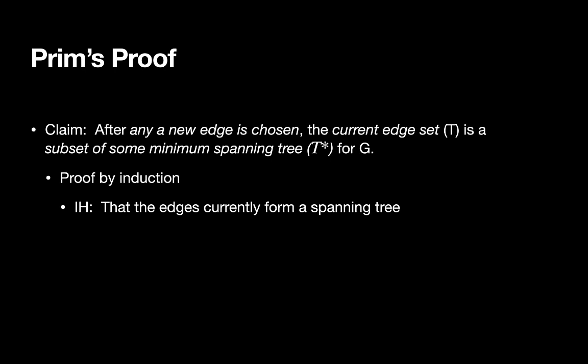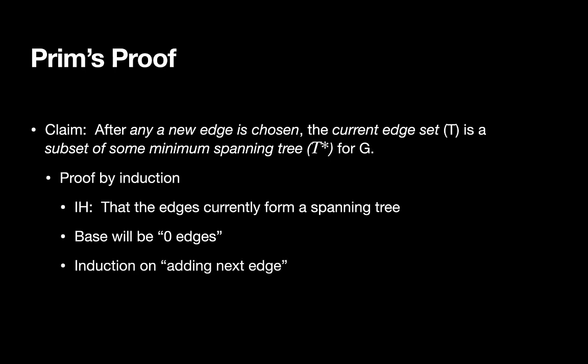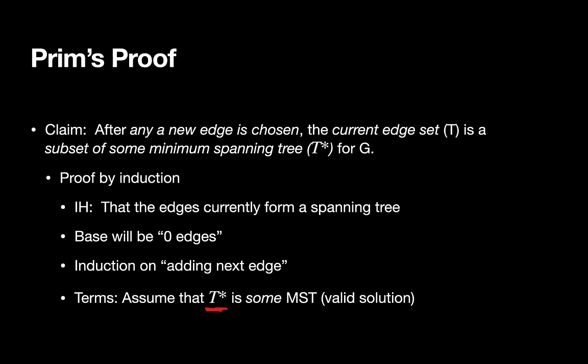Just like always with a proof by induction, we also have to have a base case before we get too far. We'll go ahead and establish that. Our base case will be at the end of the initialization of our algorithm, where we have 0 edges added. And we can think of our induction step as being adding the next edge. As we're going through this proof, I'll use the notation T star to indicate some minimal spanning tree. So it's some sort of a valid solution.